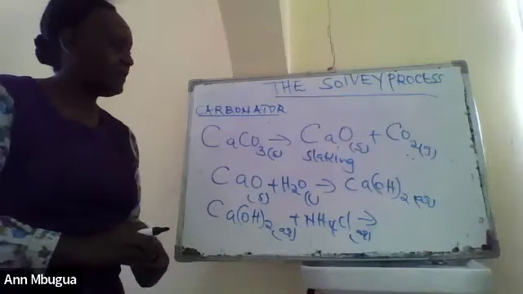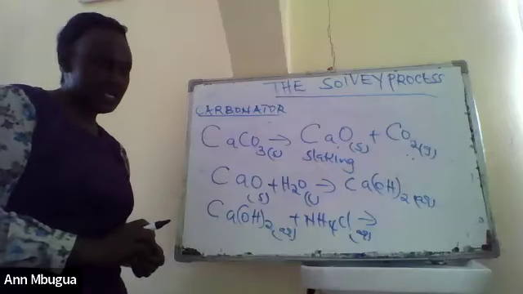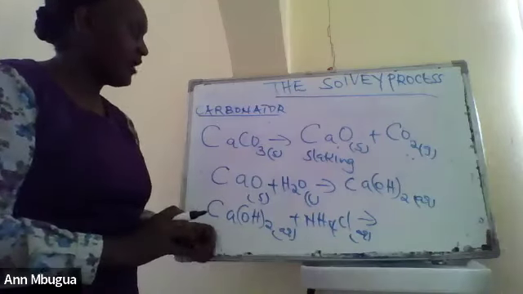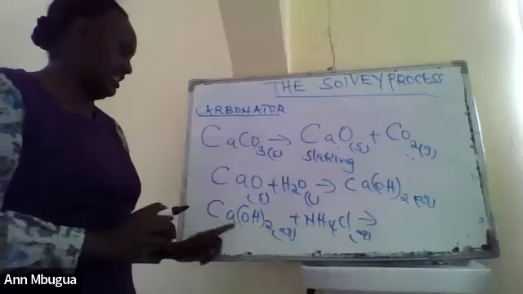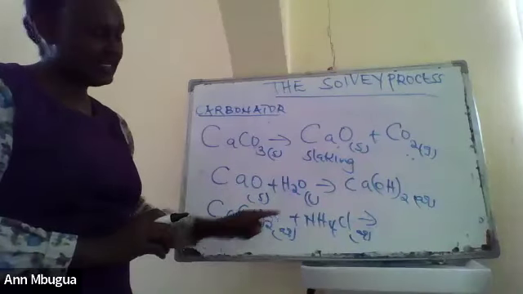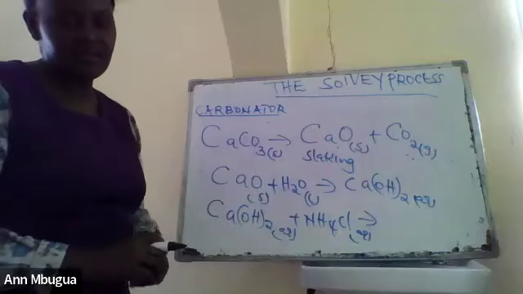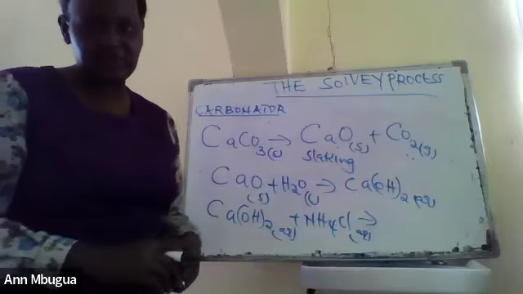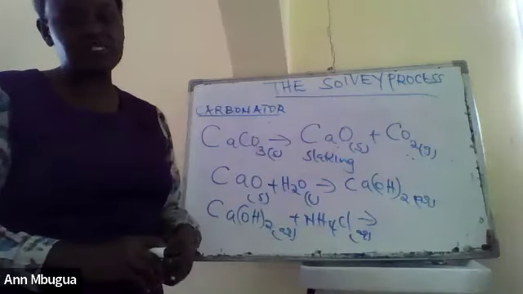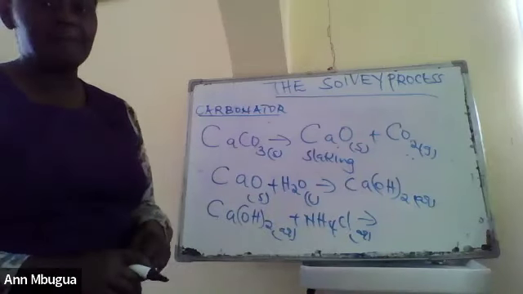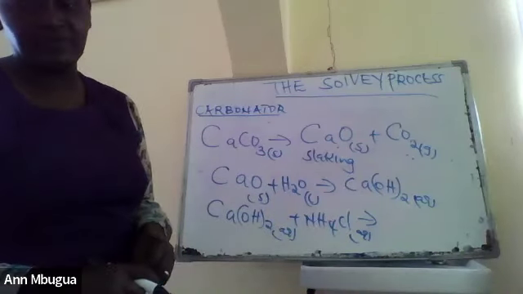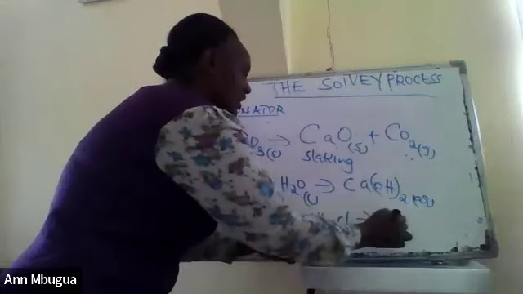This we take to the slaker, whereby we first get the calcium oxide from the kiln, react it with water in the slaker to form the slaked lime, which is reacted with ammonium chloride. What happens? What is the end result? The end result here is a salt known as calcium chloride.